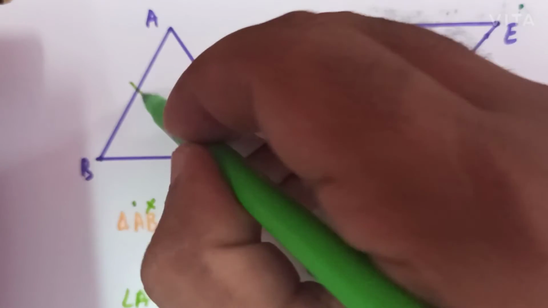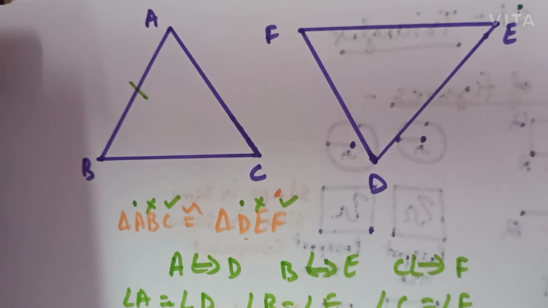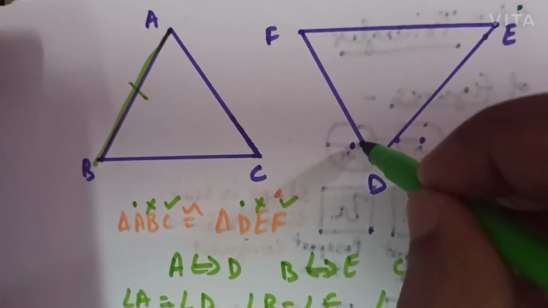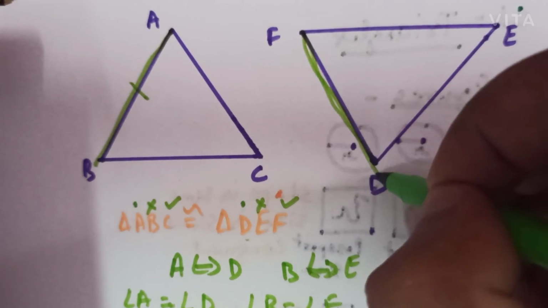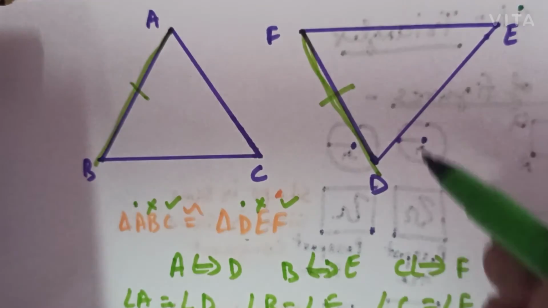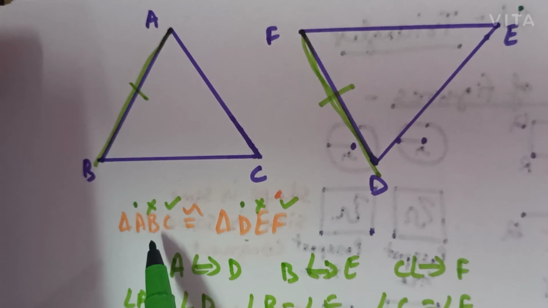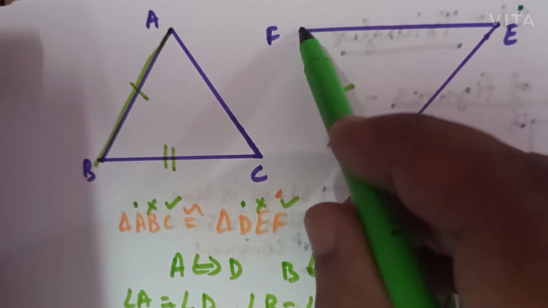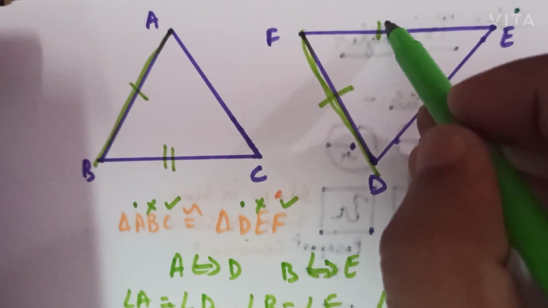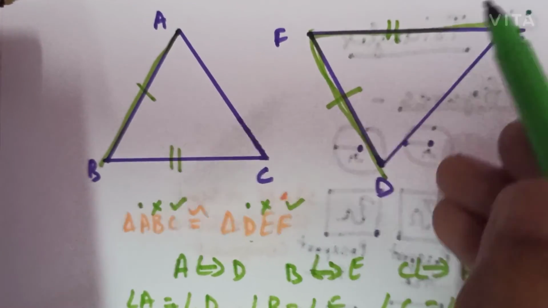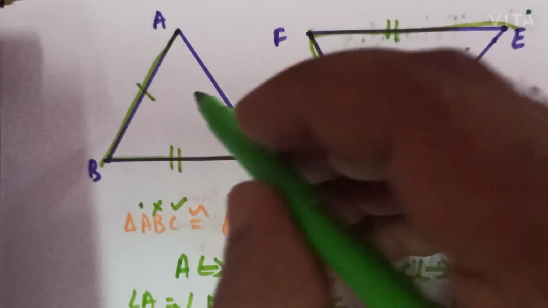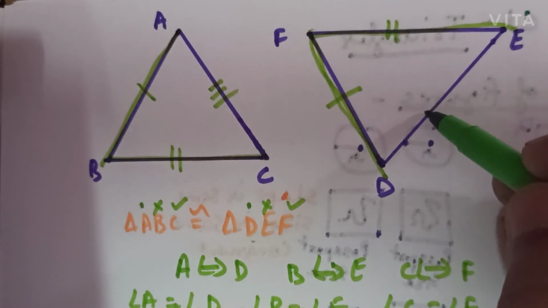Now we are moving from D to E in this and A to B in this.